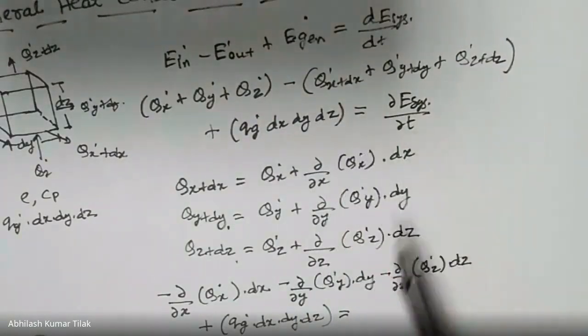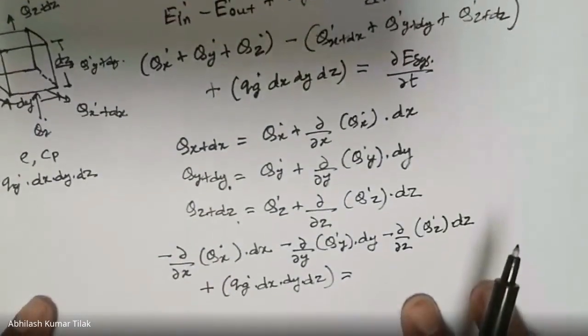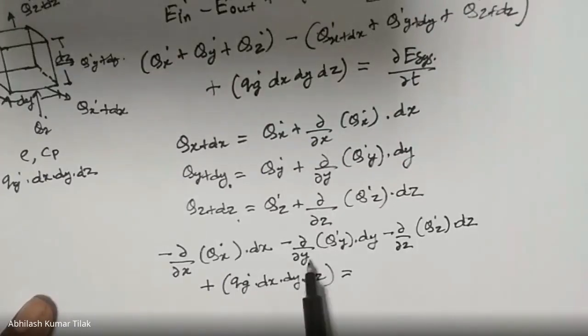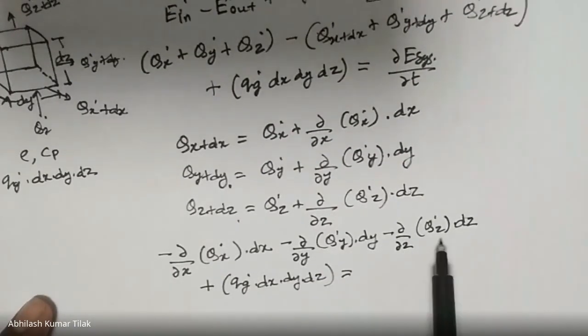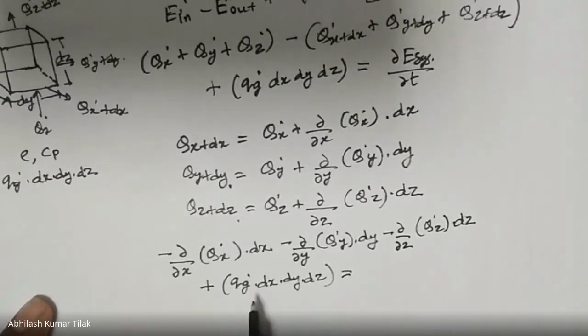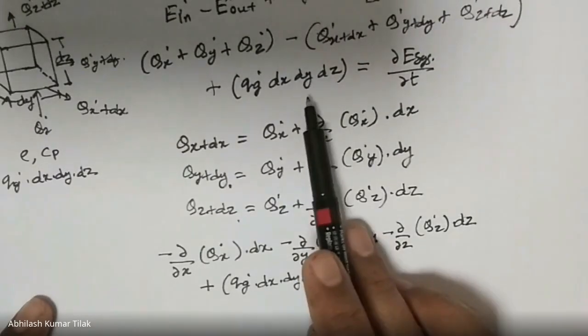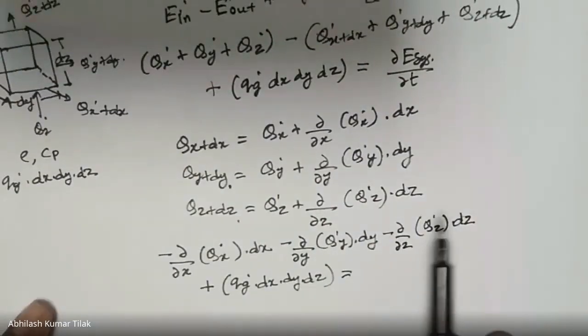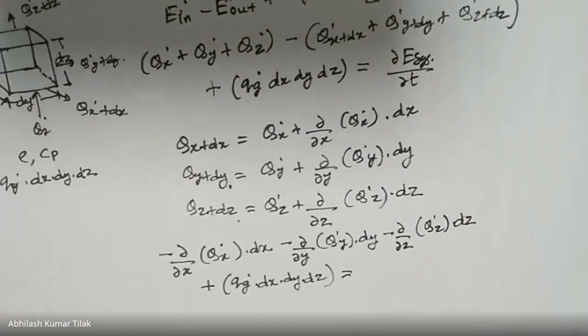So the remaining terms would be minus dou by dou x of qx into dx, minus dou by dou y of qy into dy, minus dou by dou z of qz into dz, plus the heat generation term which we are having in this equation. Up to this point, any problem? Any problem up to this part?